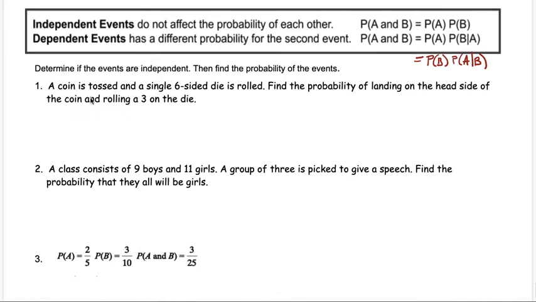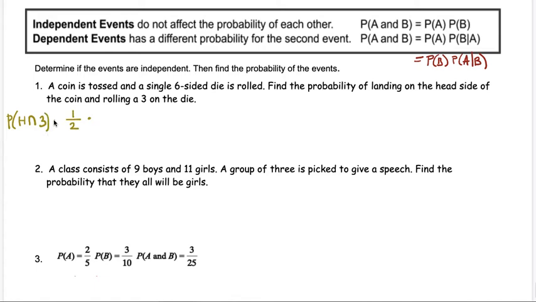So here's an example. A coin is tossed and a single six-sided die is rolled. So two different things happening. We'll find the probability of landing on the head side of a coin and rolling a 3 on the die. The probability of landing on the head side of the coin is 1 over 2, so we're looking first of all at the probability of heads and rolling a 3.